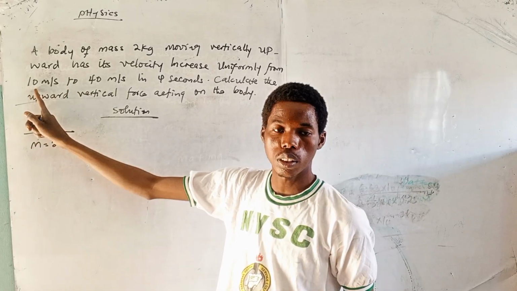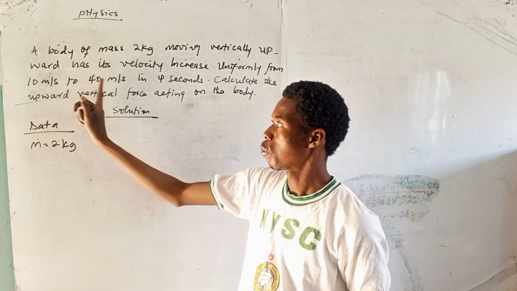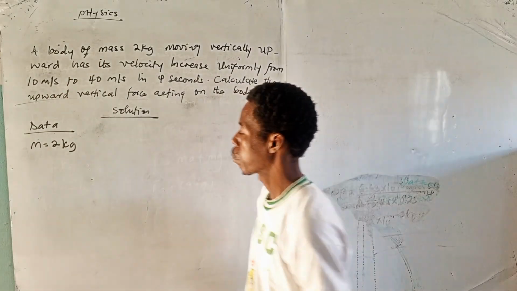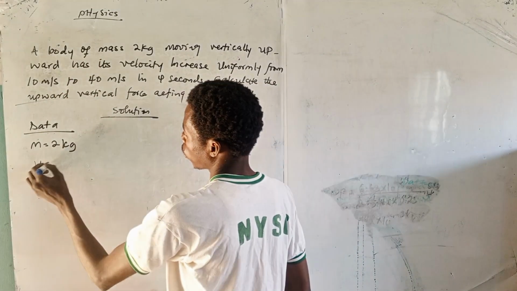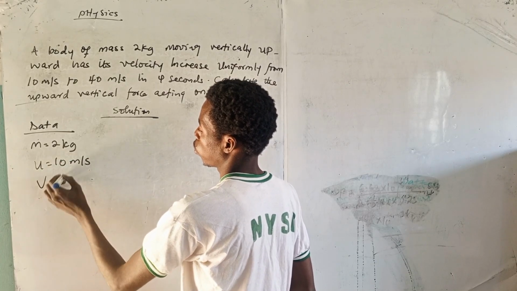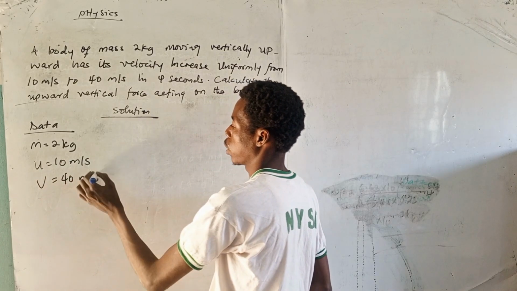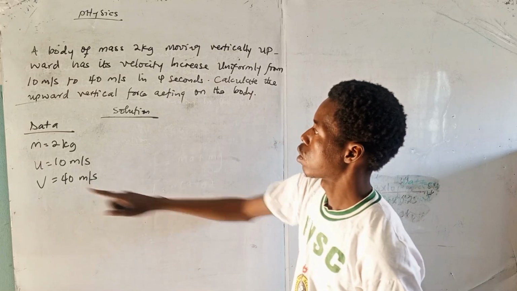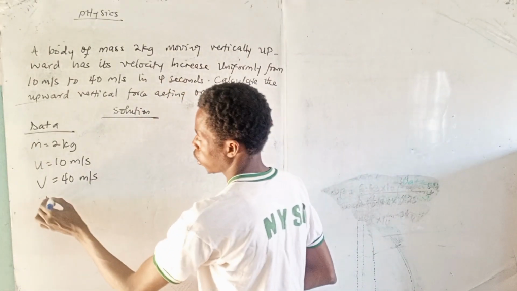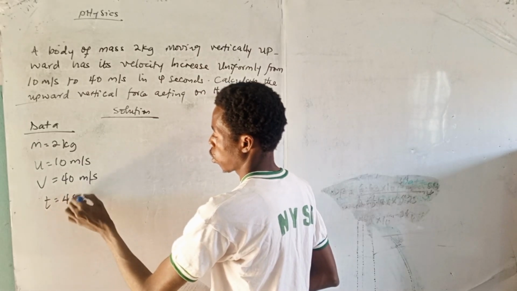This 10 meter per second is the initial velocity and 40 meter per second is the final velocity of the body. So U equals 10 meter per second and V equals 40 meter per second in 4 seconds. That is, time T equals 4 seconds.